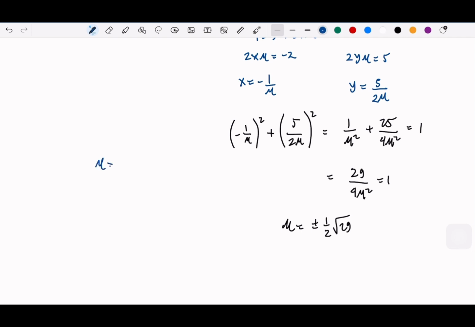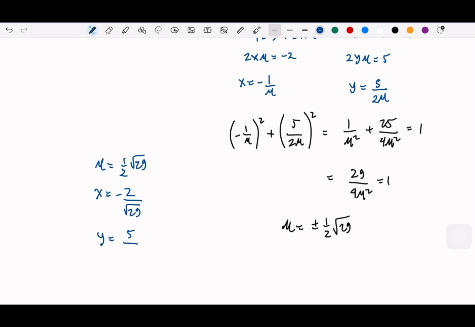When mu is positive, then x will be negative 2 over square root of 29, and y will be 5 over square root of 29.